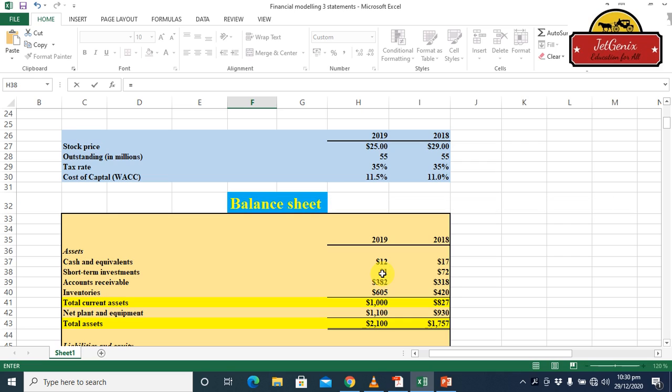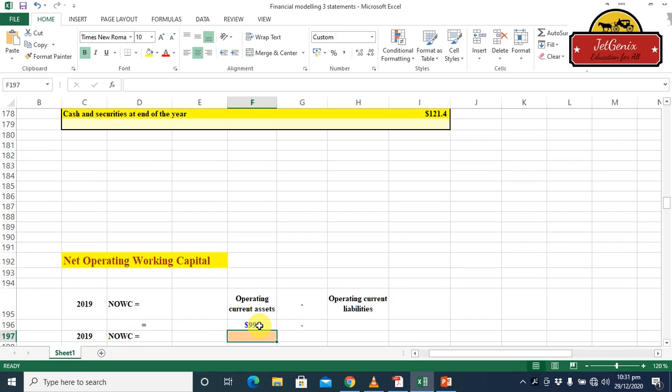These are non-operating assets, so I'm going to select the cash and equivalents instead, because we are using it in our operation, and I will add the account receivables, and then the inventories. So we calculate the operating current assets. You see, now we have $999 of operating current assets.